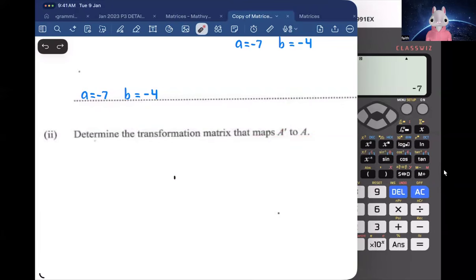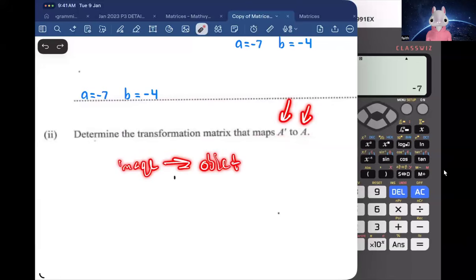You're using the word maps, A prime to A. So how would you go from A prime to A? What transformation matrix would do that? We want to know how you would go from the image to the object. How do I know that? Because A prime is the image and A is the object.